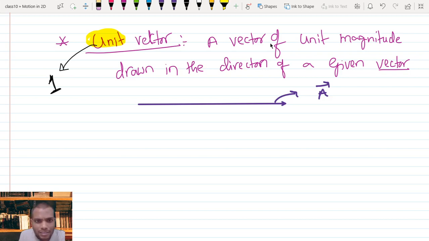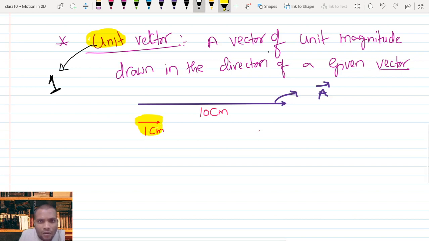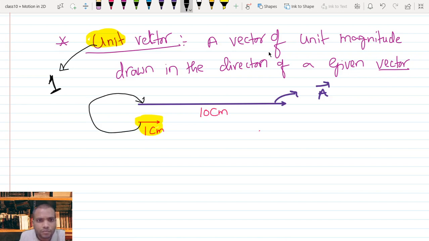Suppose the length of the vector is 10 centimeter, so 10 centimeter is the magnitude. Now to draw a unit vector, I need to draw only a 1 centimeter vector. This magnitude is equal to 1 centimeter, so I can say this 1 centimeter is the unit vector of the given vector, the unit vector of A bar.